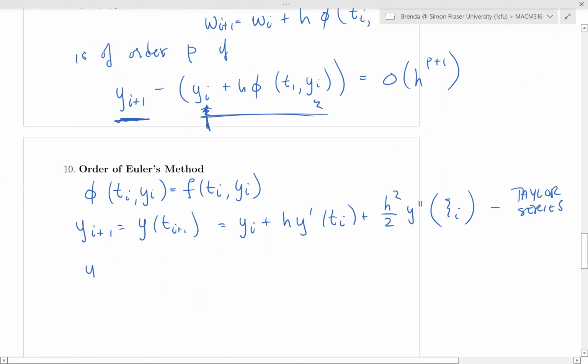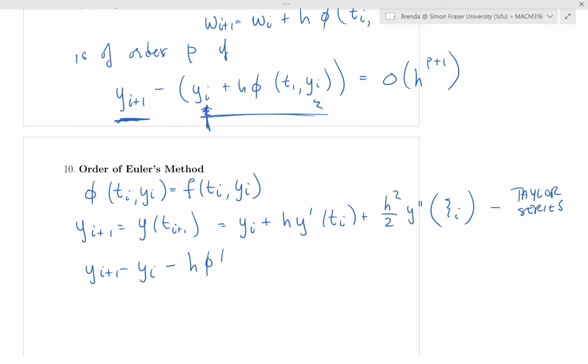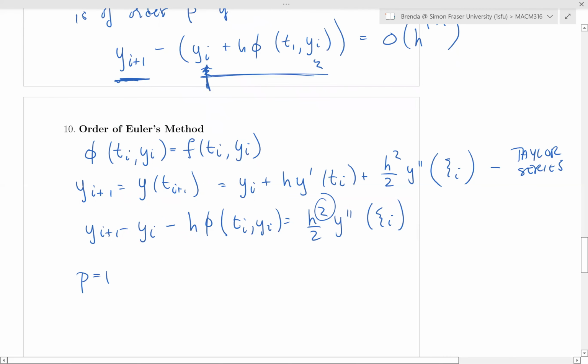Then I can subtract y_i. That's then equal to h squared over 2 y double prime. Point being that this number here is a 2. So Euler's method is order p equal to that, because this is a 2, and the order here is h to the p plus 1, so p is the order.